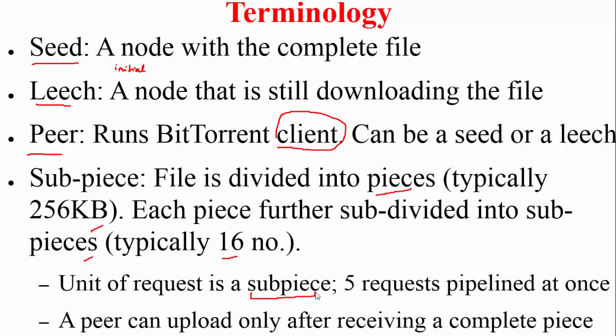And just to ensure faster download, you can request up to 5 at any given time. Another thing to keep in mind is that a peer can only upload after receiving a complete piece. In other words, if a partial piece is received, it cannot give it to others. It has to wait till it receives the complete piece before it can share it with others.